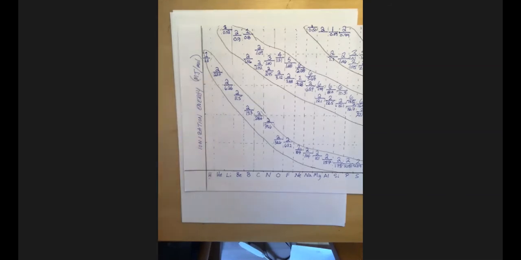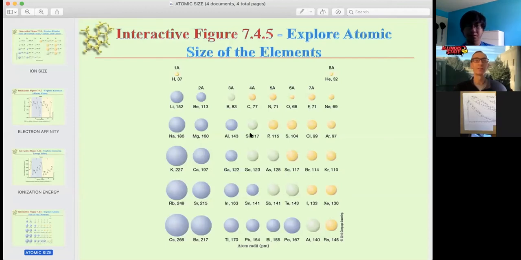Now, when I showed you that table from the textbook a second ago, we didn't pay attention to hydrogen and helium. But take a look. Here's hydrogen, and the units they're using here are picometers, 10 to the minus 12 meters, the atomic radii. But look, 37 is what it shows up here for hydrogen.